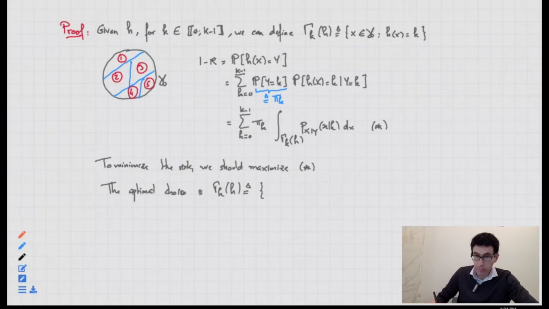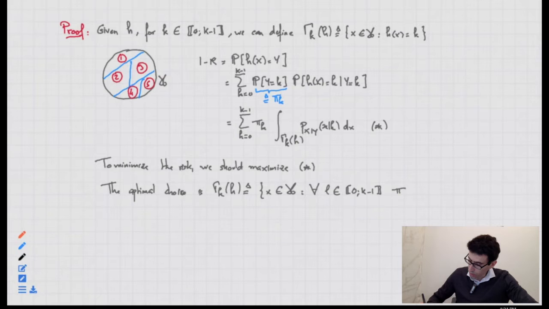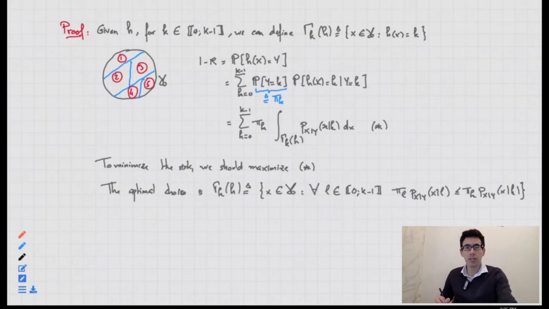It's going to be the set of points x in X, remember it has to be a subset of the set of all possible feature vectors, such that for every L that belongs to 0 to k minus 1, so for any label L, it holds that if you compute the product of pi L, my a priori probability of label L, times p of x given y of x given L, it is less than or equal to pi k times p of x given y of x given k.